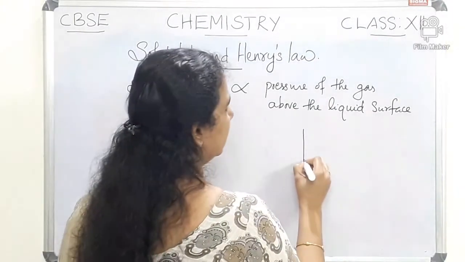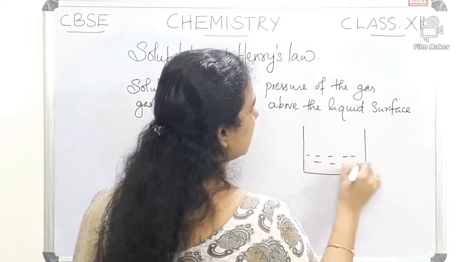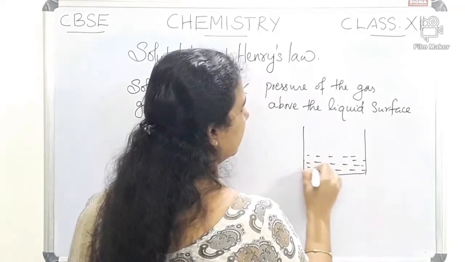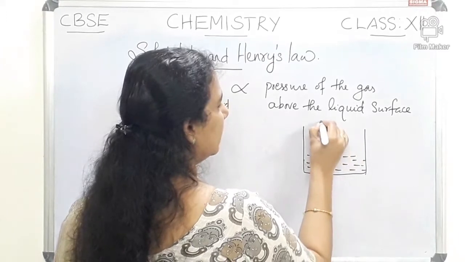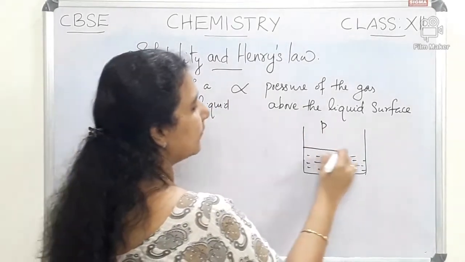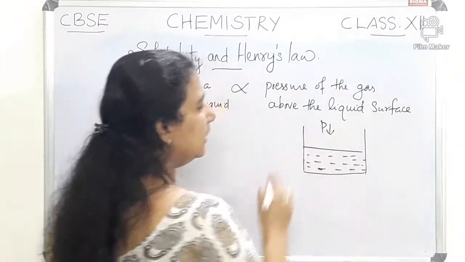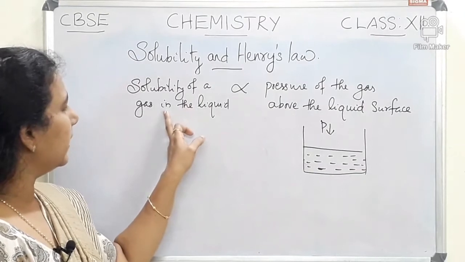That means if this is the solvent and the gaseous molecules are dissolved in it, the pressure of the gas above the liquid surface and the solubility of the gas are directly proportional.